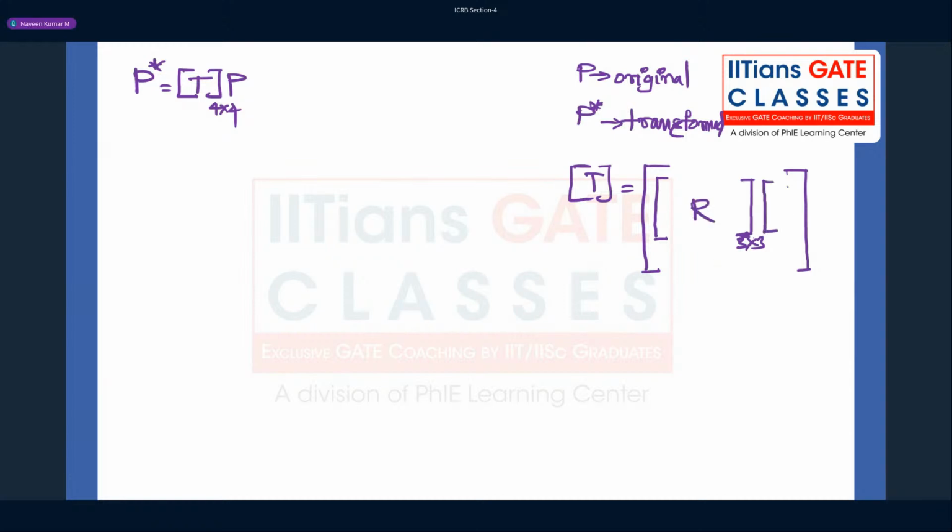Next, 3 cross 1 will give you the translation matrix. This will give you perception and this will give you scaling. If you want to find out the translation, then the rotation matrix should be the identity matrix, perception should be straight away zeros, and scaling should be straight away 1.